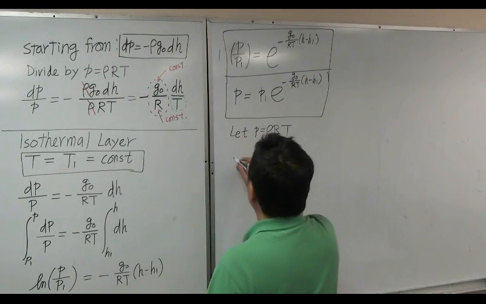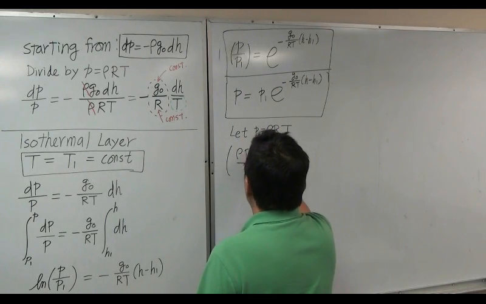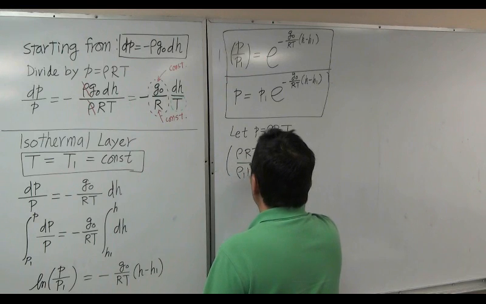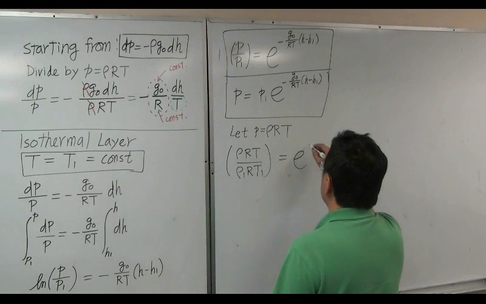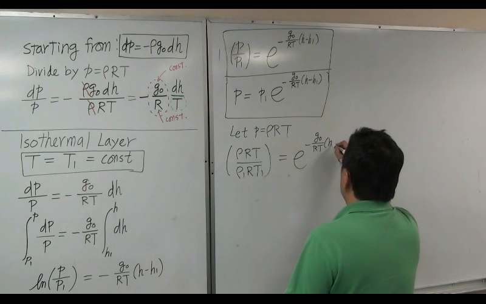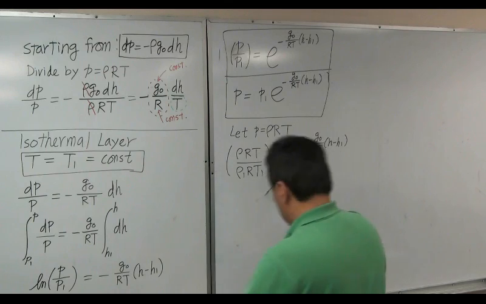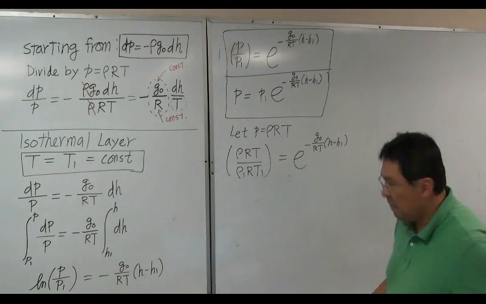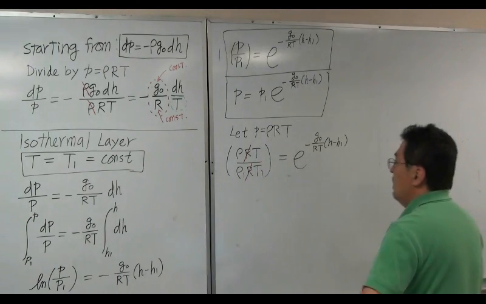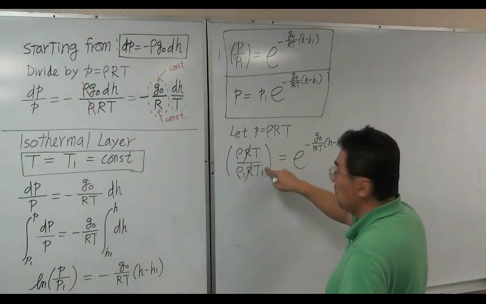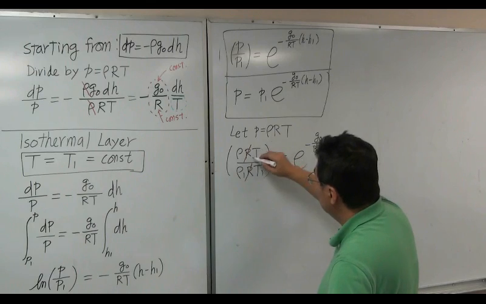Plug into here: rho RT over rho 1 RT1 once again is equal to the exponential of minus g0 over RT times h minus h1. We do know this is constant, so it cancels out. Now in this particular case, T equals T1, right? So we can also cancel out this one.